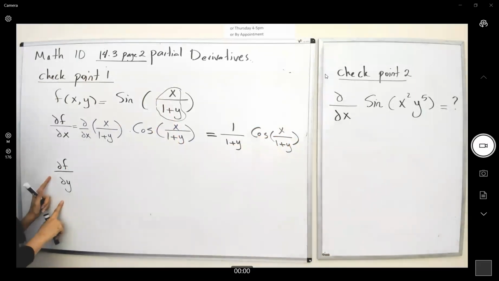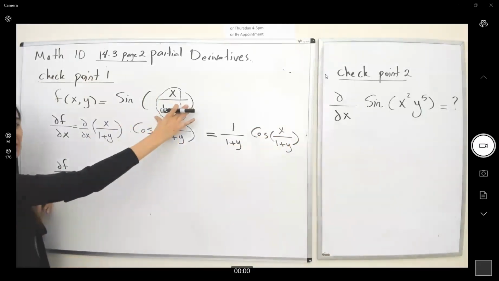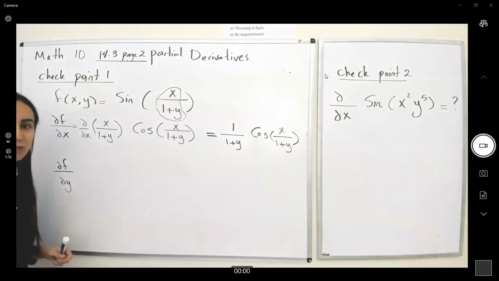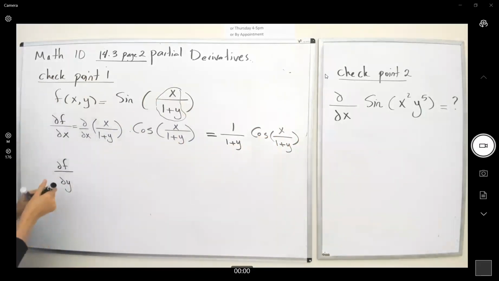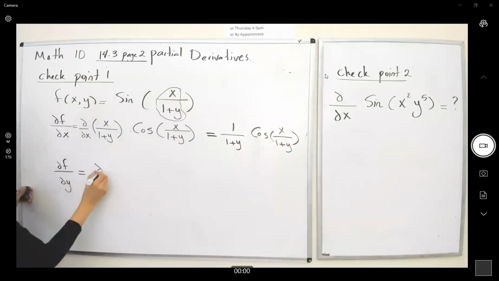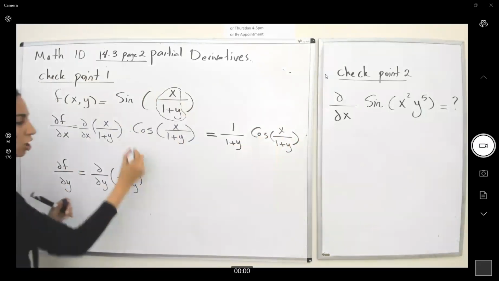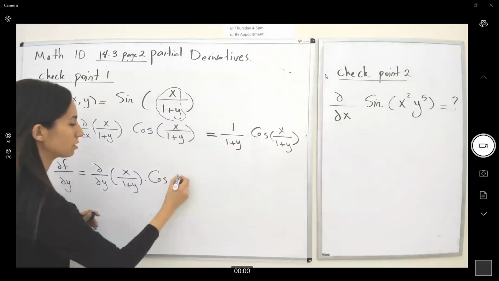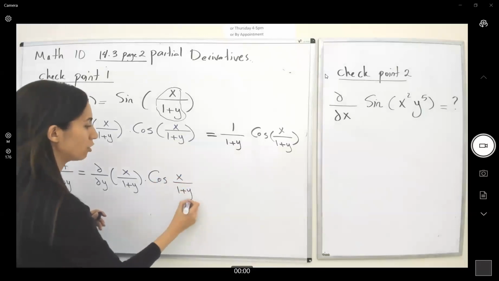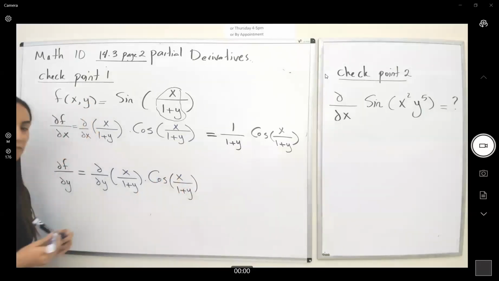Now you're taking the derivative of the quantity inside the parentheses with respect to y. So here you have the partial derivative with respect to y of x over 1 plus y, times the same cosine of x over 1 plus y.